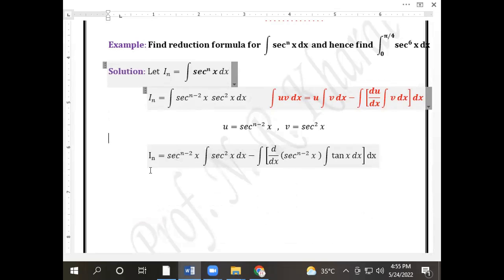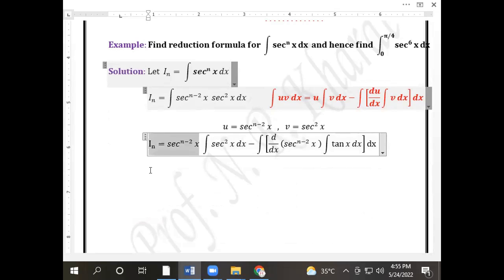So I n is equal to sec raised to n minus 2 of x times the integration of sec square x dx, minus the integration of the derivative of the u function times the integration of the v function, that is tan x.